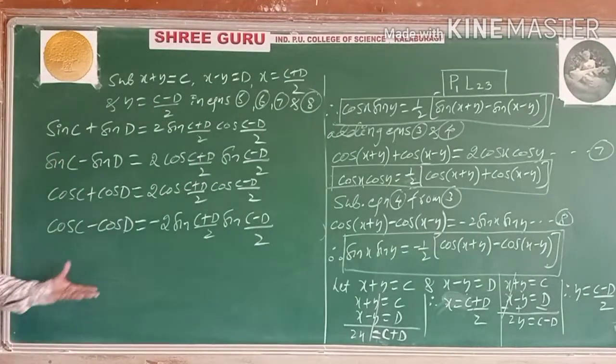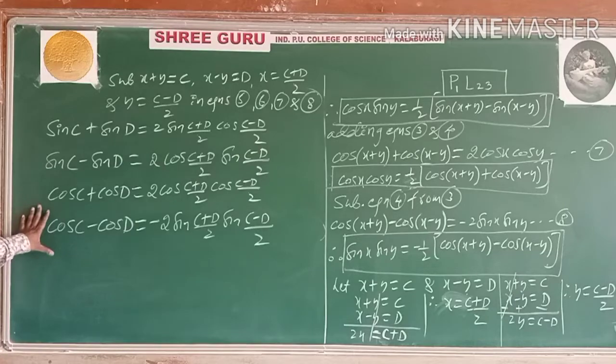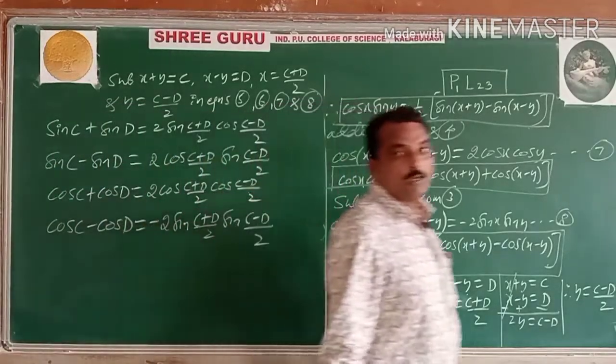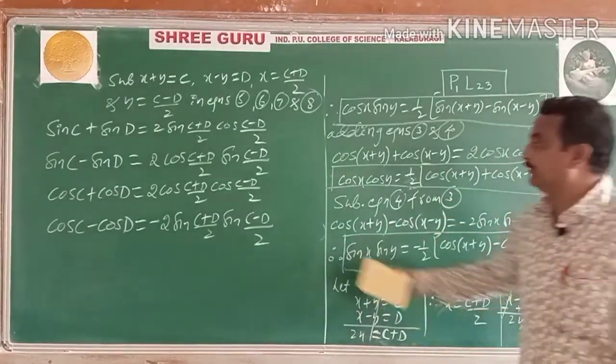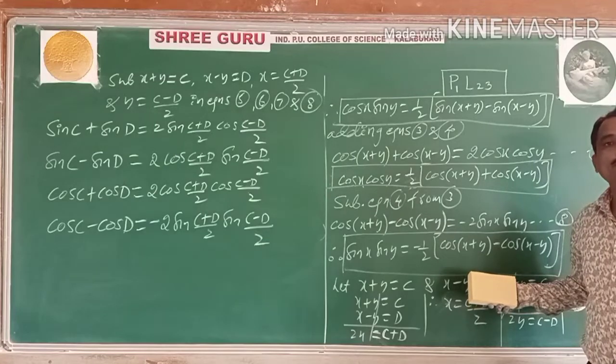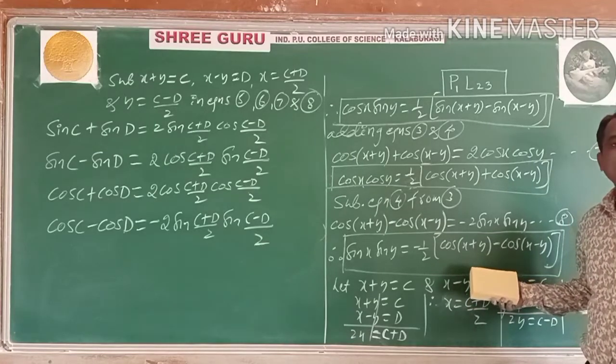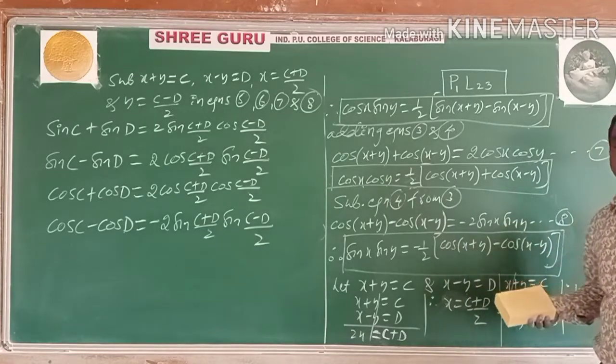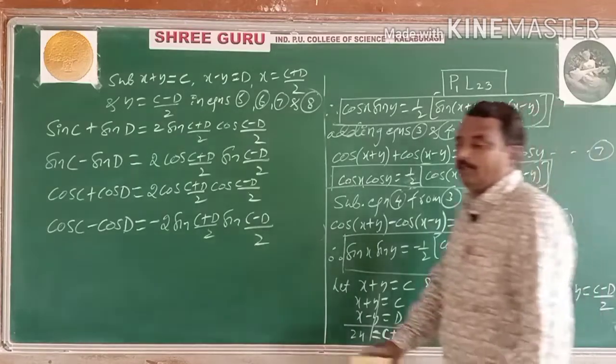So you will use these formulas along with the 14 formulas we have taken in the previous class; you may add these 8 formulas. So using these formulas, 14 plus 8, 22 formulas, you may calculate the examples.